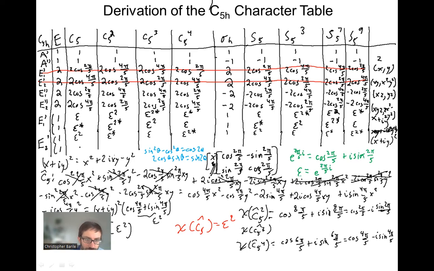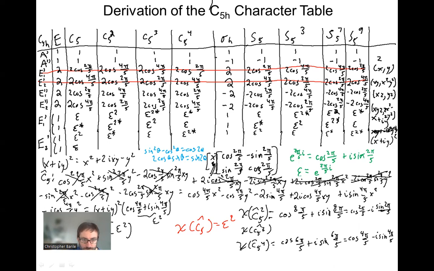Okay, and then we have to use these rules that we did before, where 1 plus 1 is equal to what we started with, 2. Something plus epsilon squared is equal to 2 cosine 4 pi over 5. And we can look to see if we've had this before. We have had that epsilon squared plus the complex conjugate of epsilon squared in E1 prime, equal to 2 cosine 4 pi over 5.